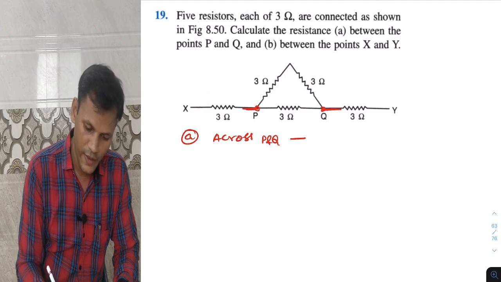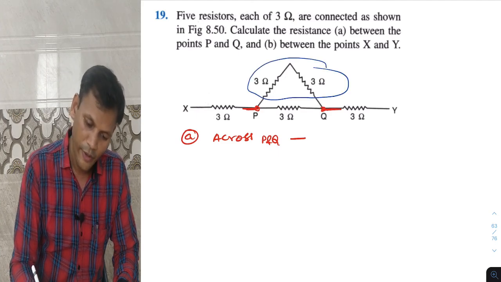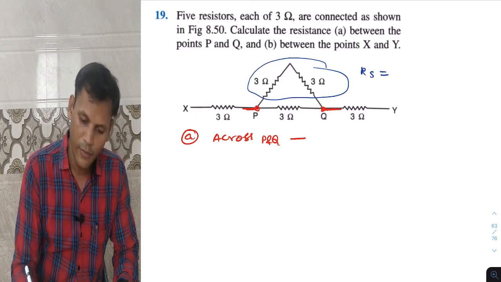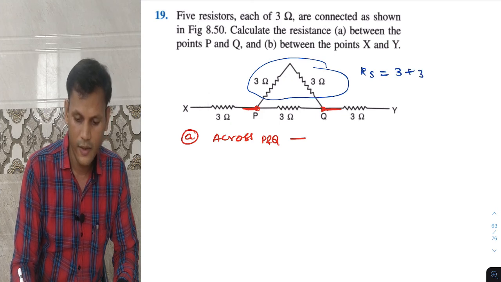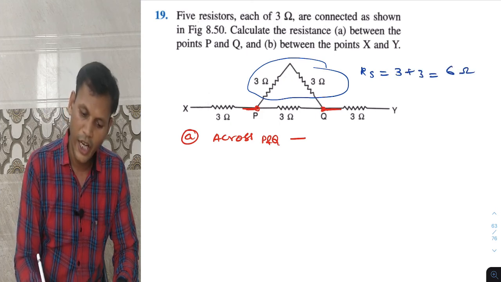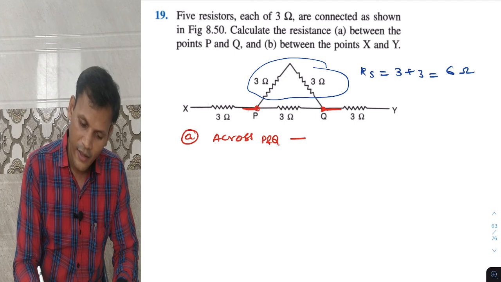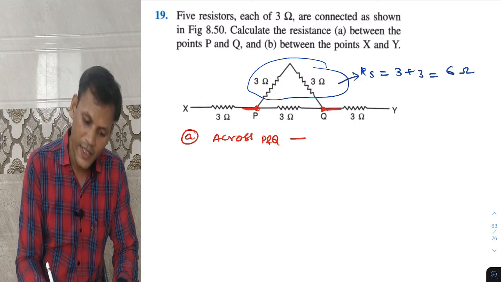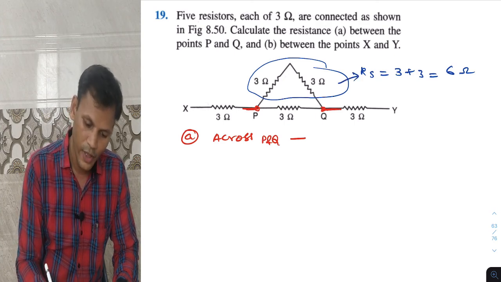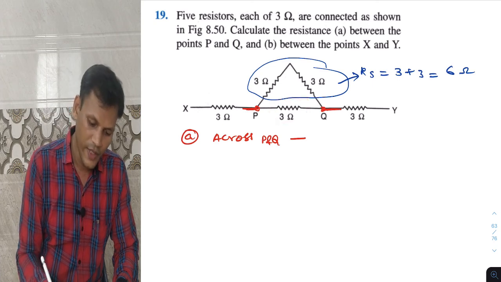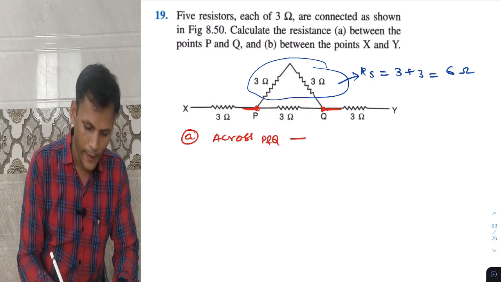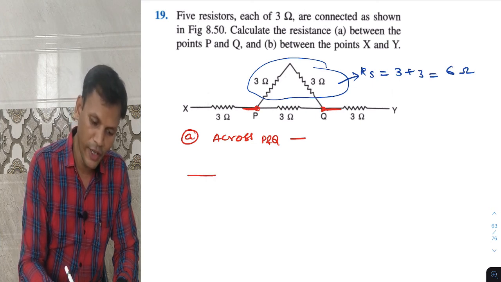These two are in series. So in series we will write Rs will be 3 plus 3, that is 6 ohm. And now Rs and this 3 ohm are in parallel. So this diagram will be like this. Okay, so across PQ we have to find out.